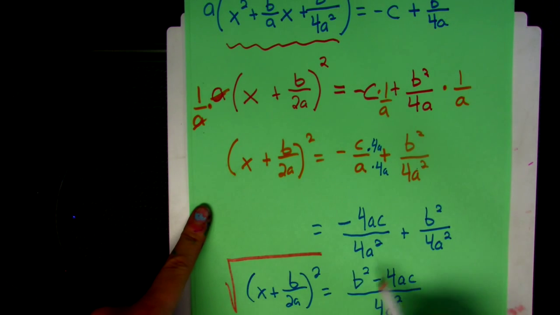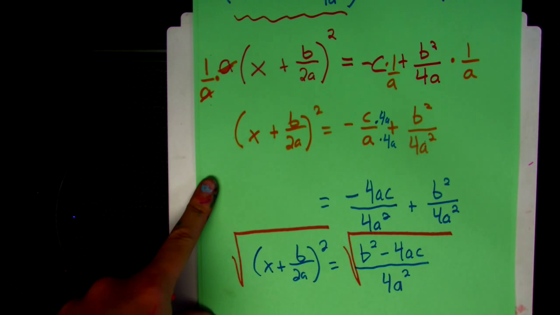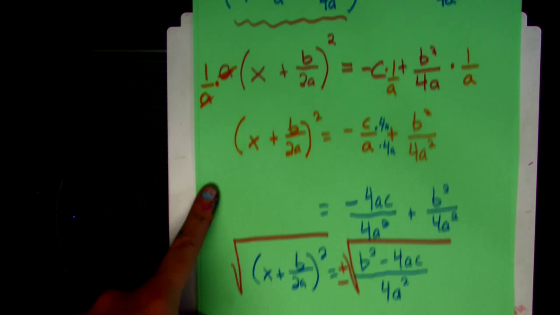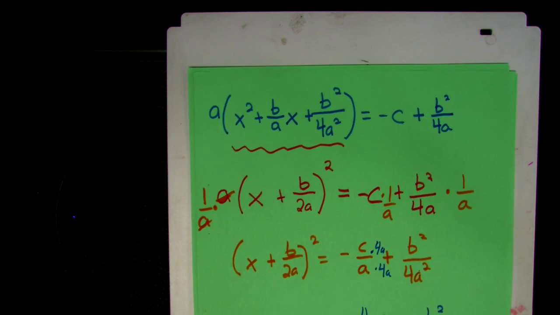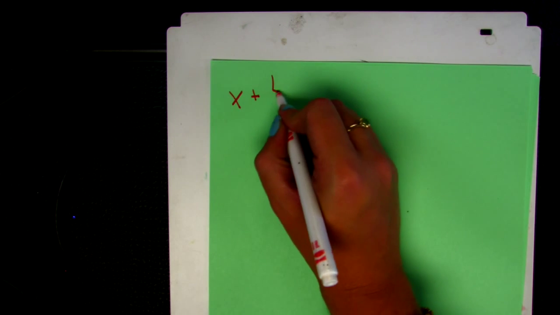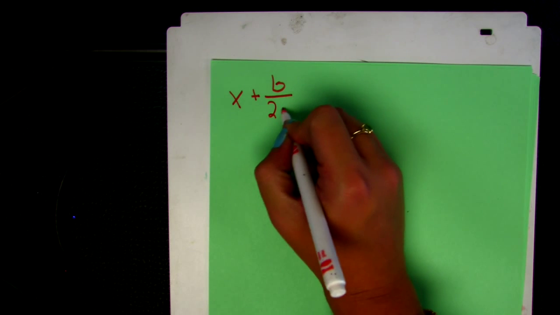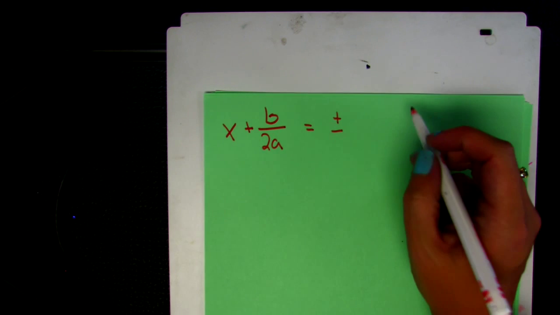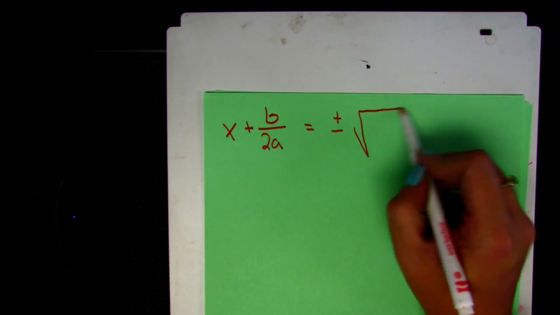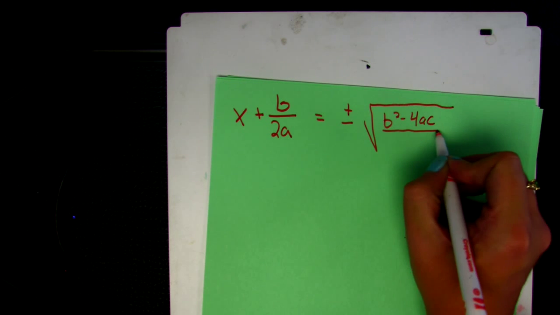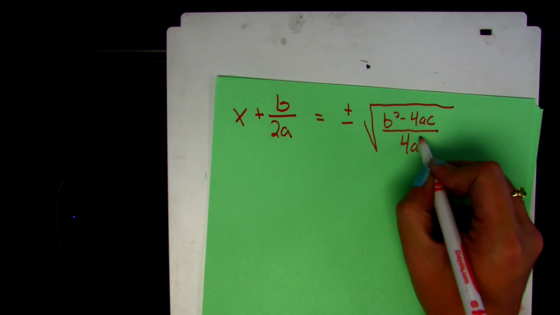So again, I'm square rooting both sides. Don't forget that when you square root both sides, you get the plus and the minus, or plus or minus. So we now have x plus b over 2a equals plus or minus the square root of b squared minus 4ac over 4a squared.